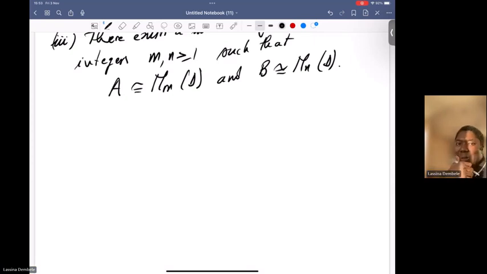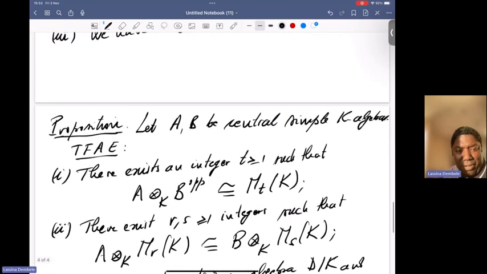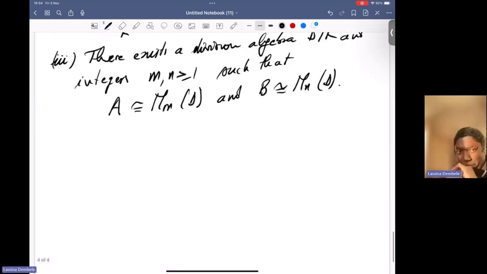Granted this proposition, we can define an equivalence relation on this set.